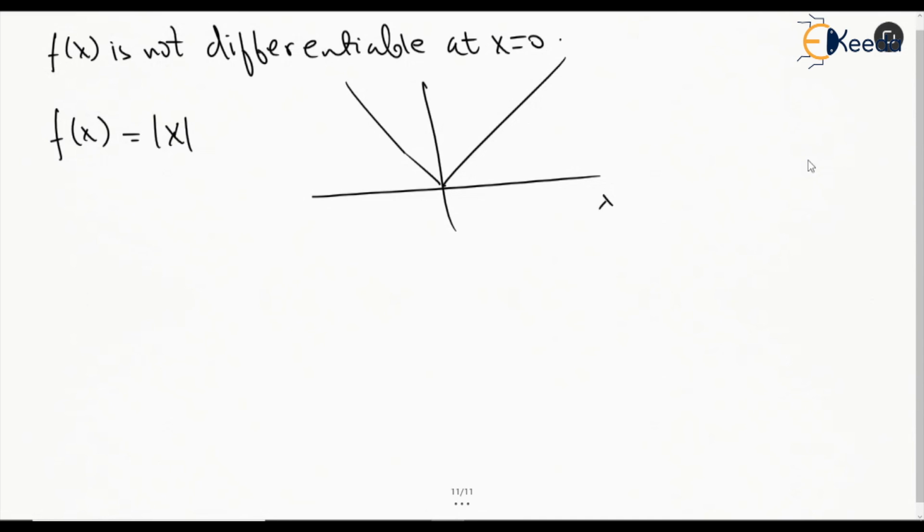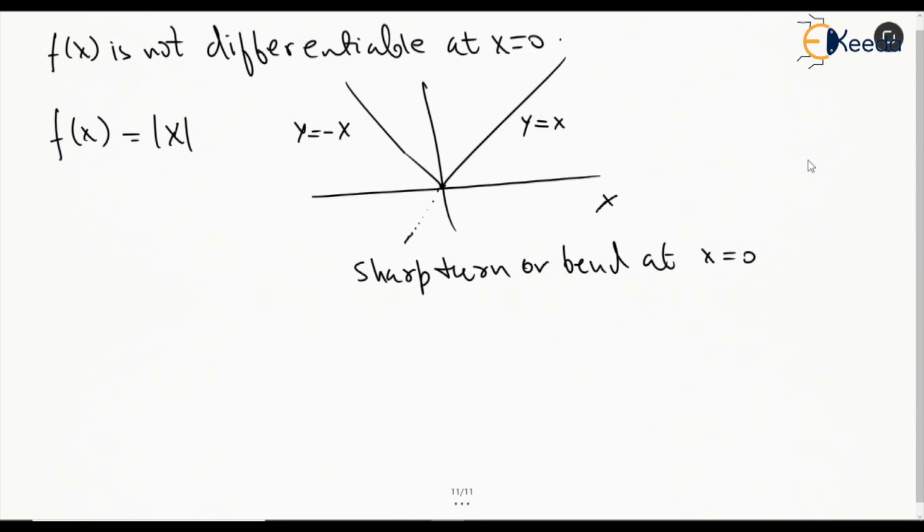So you can see that this is y is equal to x, and this is y is equal to minus x, and we can see that there is going to be a sharp turn or bend at x equal to 0. So derivative does not exist at x equal to 0, right? It does not exist at x equal to 0.